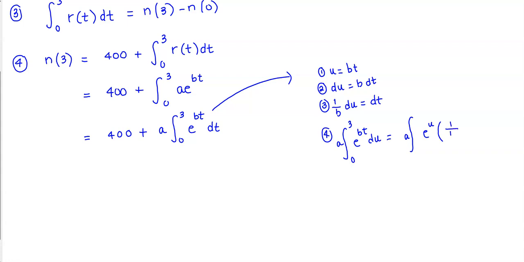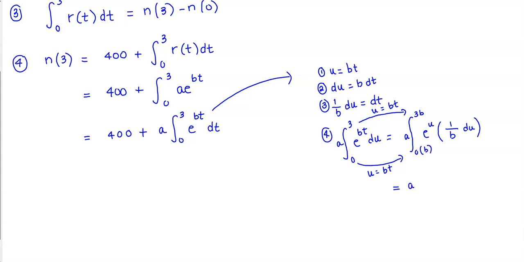We know that the upper bound is u, which is equal to bt. If we substitute 3 in for t, then the upper bound is going to be 3b. And then the lower bound, u equals bt, so that's going to be 0 times b.